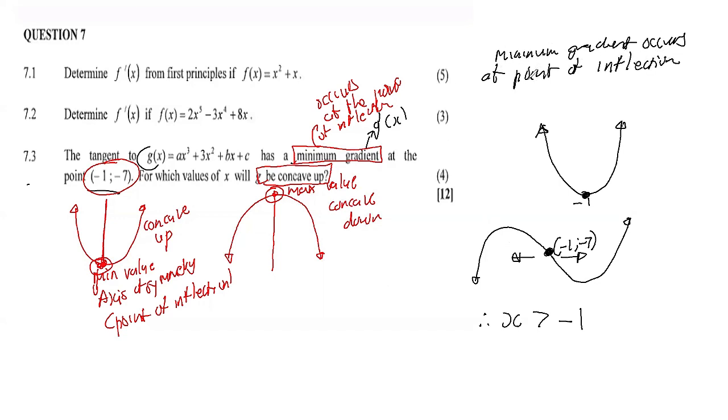So the fact that this produces a minimum gradient, it tells you that your A must be greater than 0, right? If your A now is greater than 0, this tells us that x is equal to -1 is your x coordinate of the point of inflection.